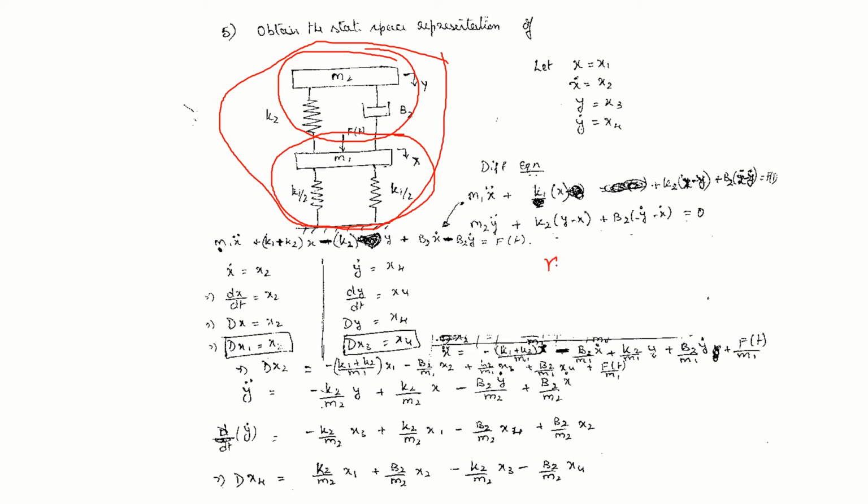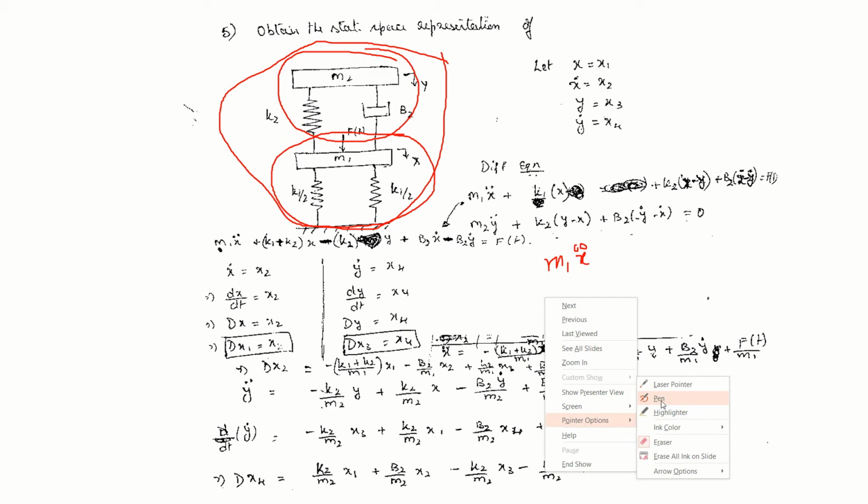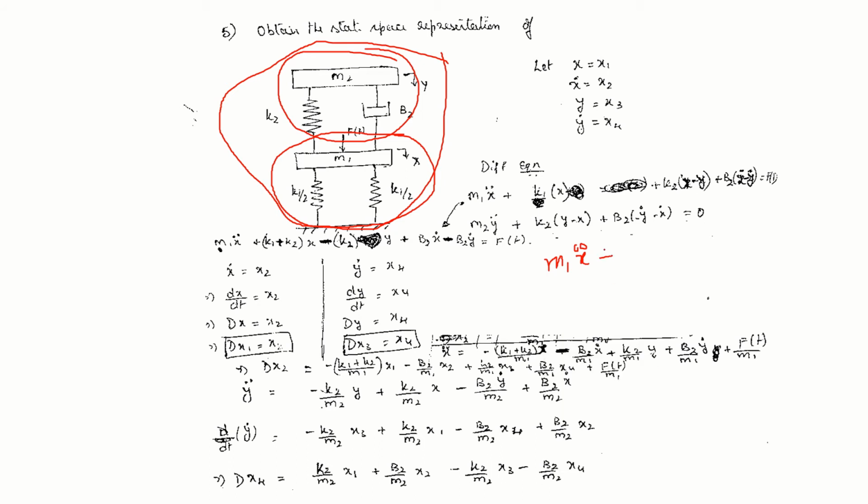I can write m1 x double dot plus, you can see here there is one damper.